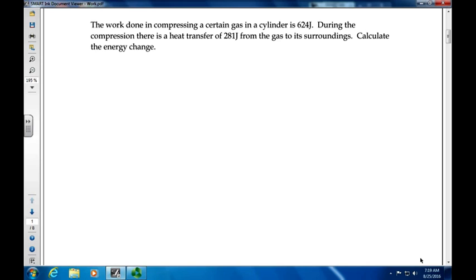And we're looking for the energy change. And energy change is going to be our delta U. So with delta U, of course, if you check your book, you'll know that its formula is Q plus W. W is equal to work, and Q is equal to the heat transfer. It's heat.